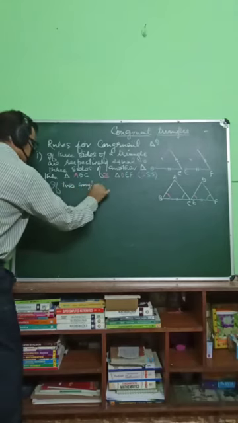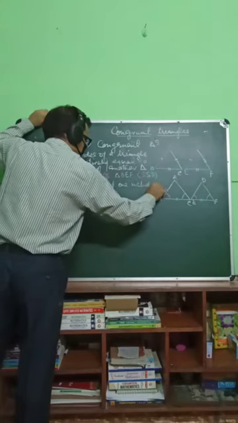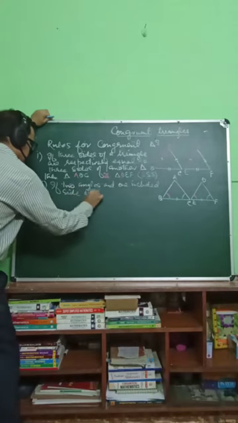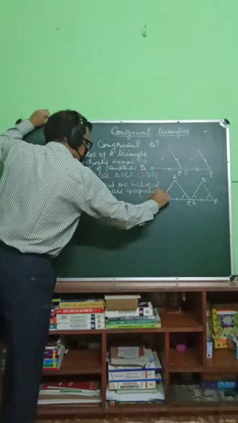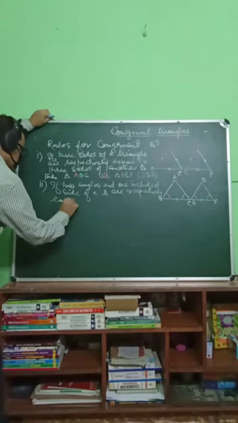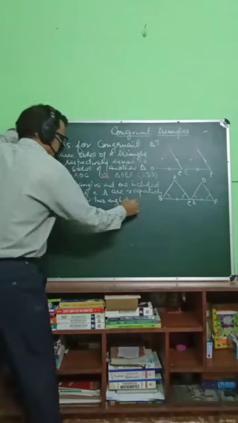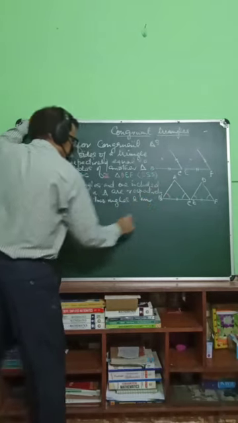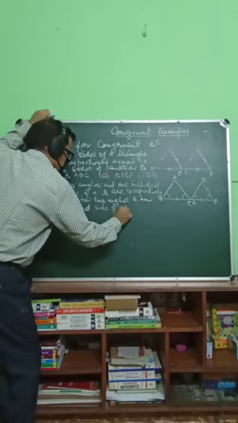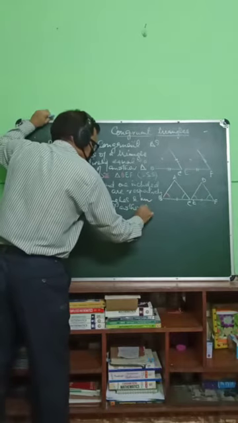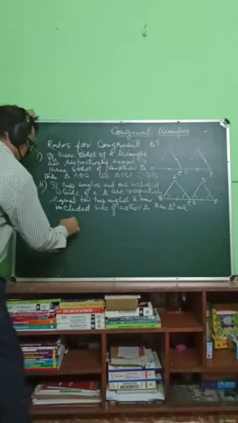If two angles and one included side of a triangle are respectively equal to two angles and an included side of another triangle, then triangles are congruent.